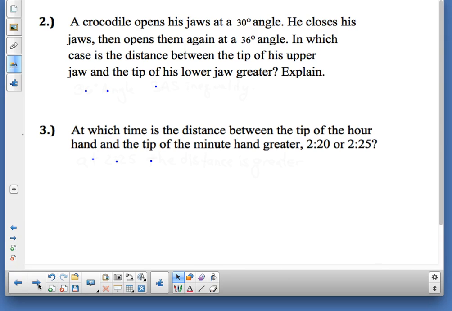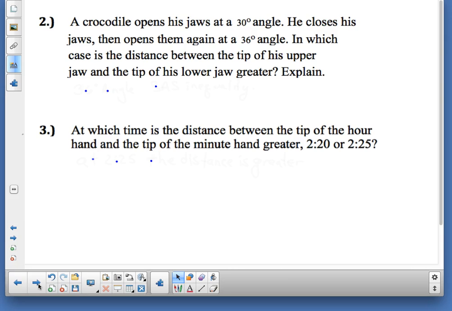Now, here's the deal. A crocodile opens his or her jaw. I don't want to say that the male crocodiles have big mouths either. Okay, it's equal across the board. Crocodile opens their jaw, let's put it that way, at a 30-degree angle. They close the jaw, then open them again at 36 degrees.